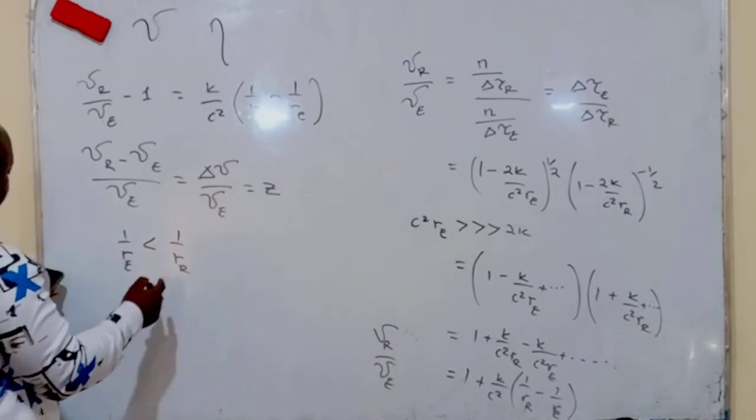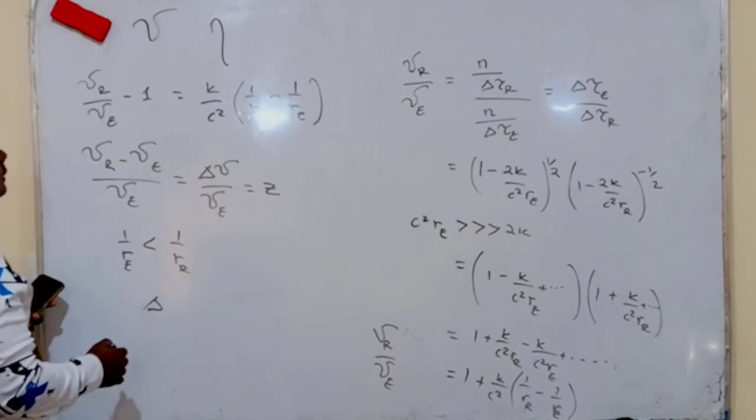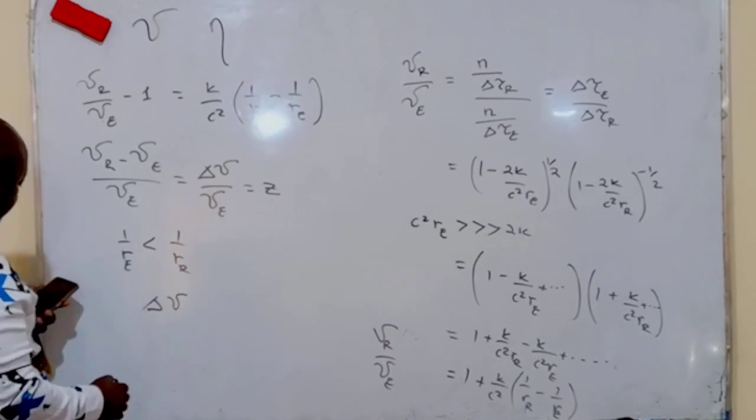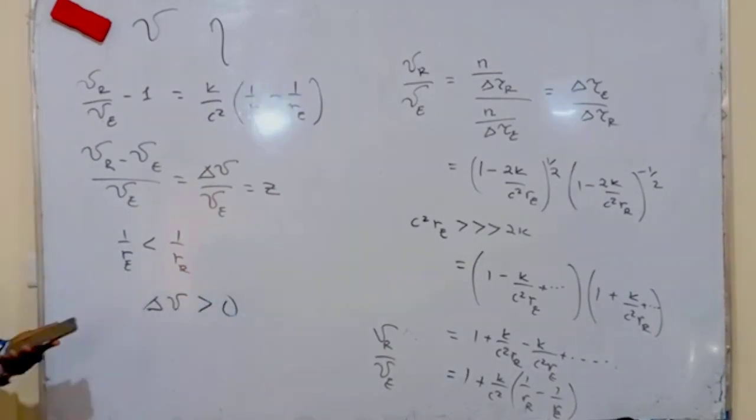So you discover that our delta nu will be greater than 0.